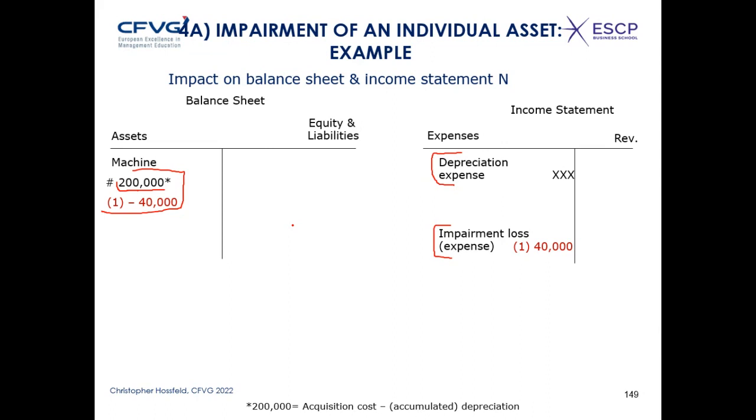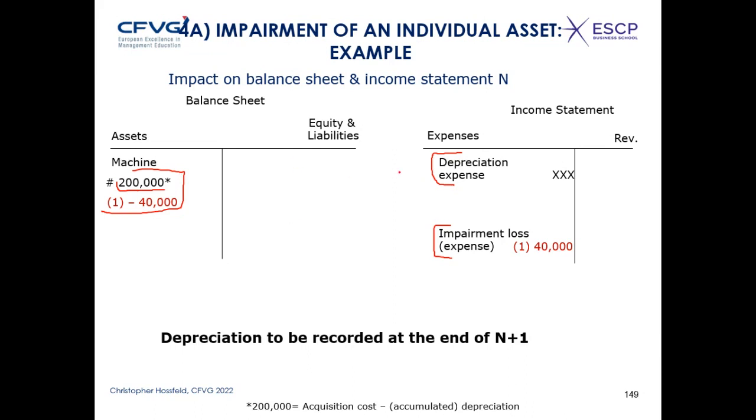No questions. Well, if in N I account for an impairment, there will also be consequences on my financial statements in N+1, N+2 in the future. Why? Because I now need to modify the depreciation of future years.